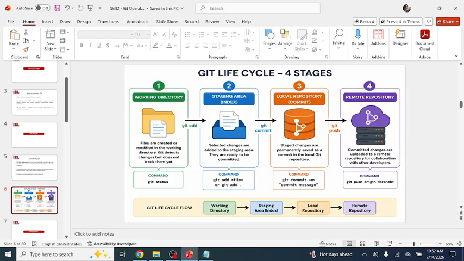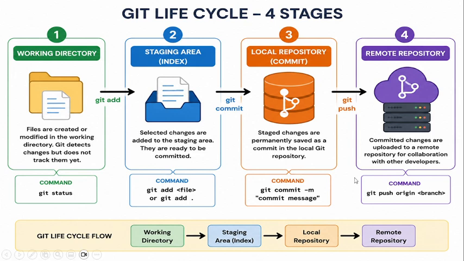Now, the git life cycle has four stages: working directory, staging area, local repository, and remote repository. Whenever you type git add, it comes to the staging area; git commit, it goes to the local repository; git push, it goes to the remote repository. This is the git life cycle, four stages.